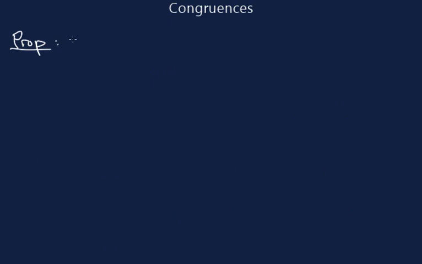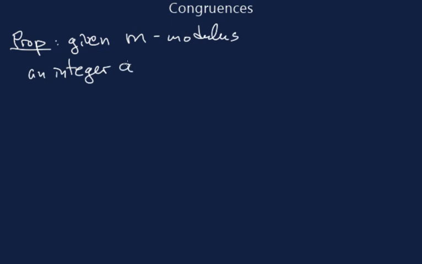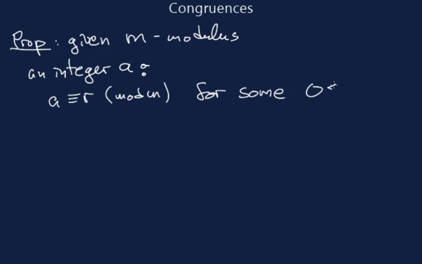Okay, here are some basic properties of the notion of modulus. So we fix a modulus M, and suppose we have an integer A. Then one thing is that A is equivalent to R mod M for some number R between 0 and less than or equal to M minus 1.